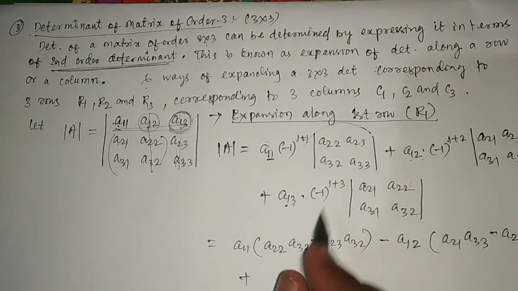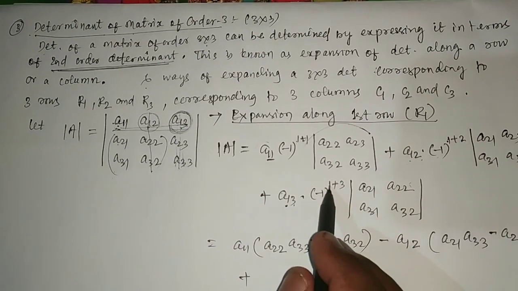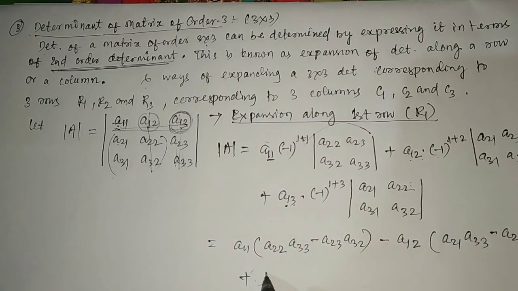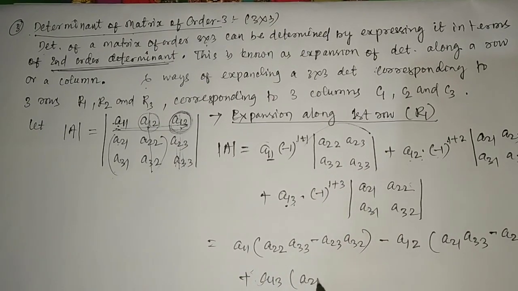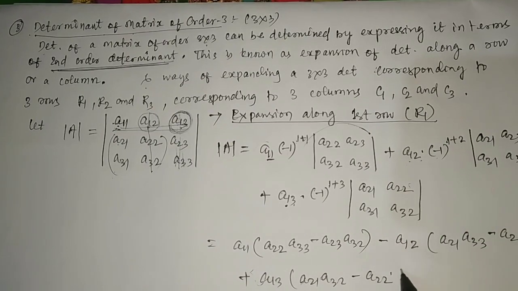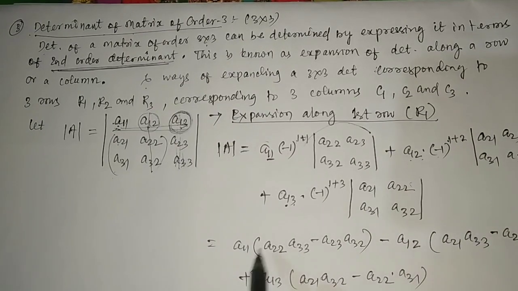Similarly, plus here minus 1 to the power 4, this is also 1. So A13 times, expand this determinant, A21 into A32 minus A22 into A31.